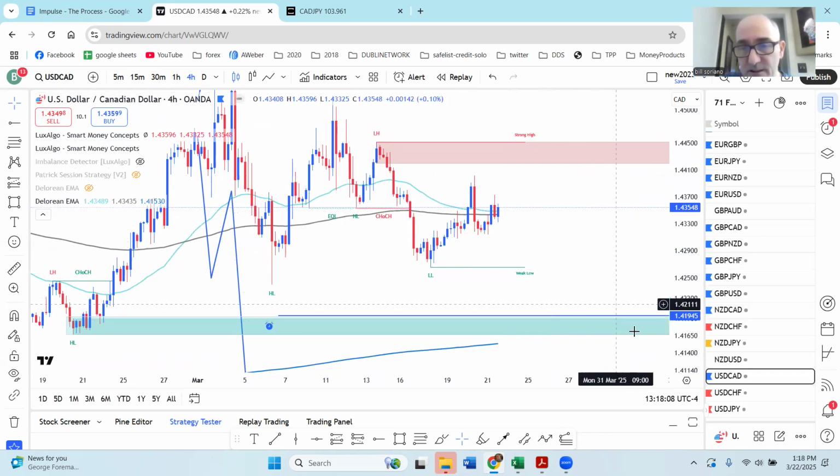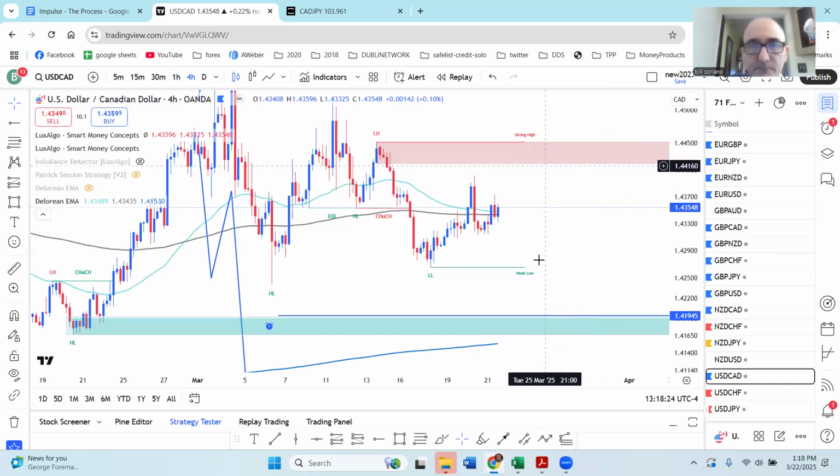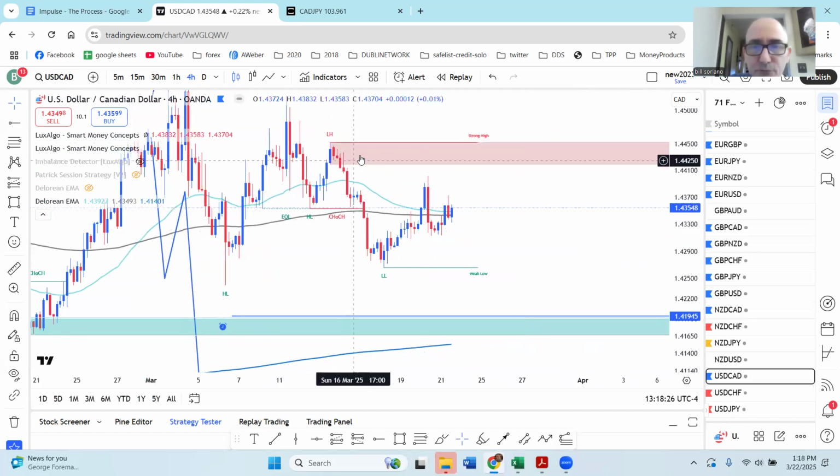If price does move down into here, the EMA stay in line, we drop down to the 1 hour, we get our market shift, price comes back, it's our 61.8 or refined 1 hour zone, takes off to the upside, this would be our profit target right here, right? And again, if you don't have a supply or demand zone painted there by the indicator, then you can simply use the highs, right?